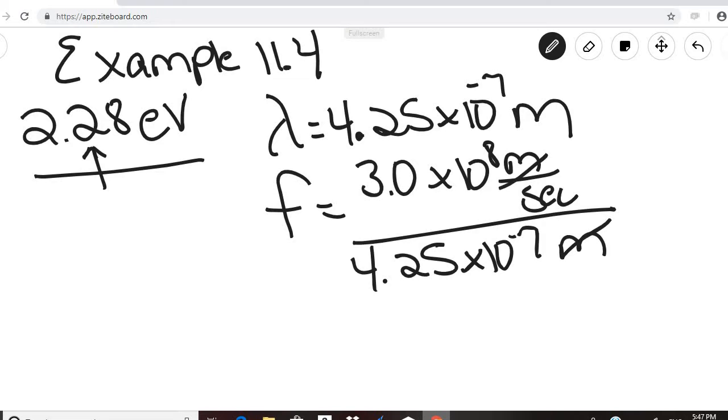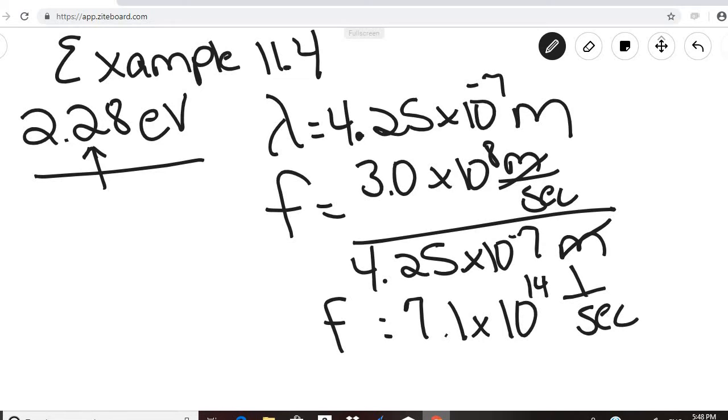The meters are going to cancel. So the frequency for this light is 7.1 times 10 to the 14, 1 per second, or hertz.